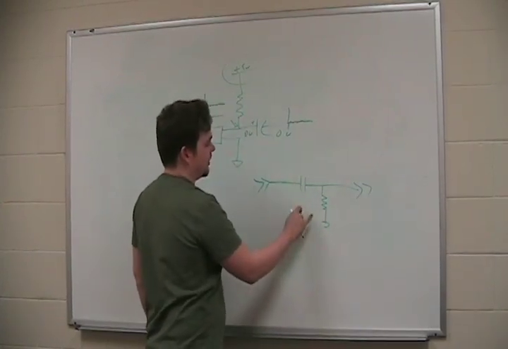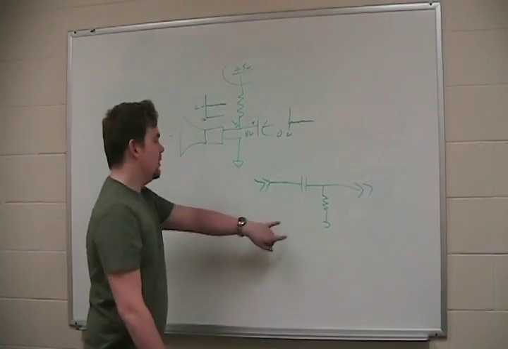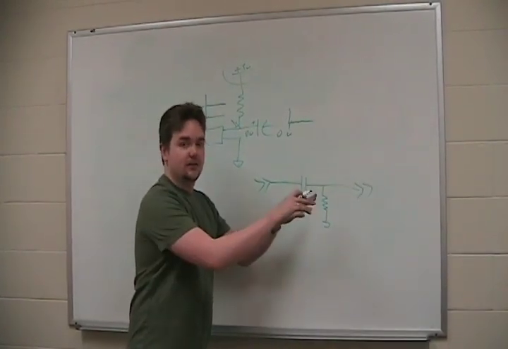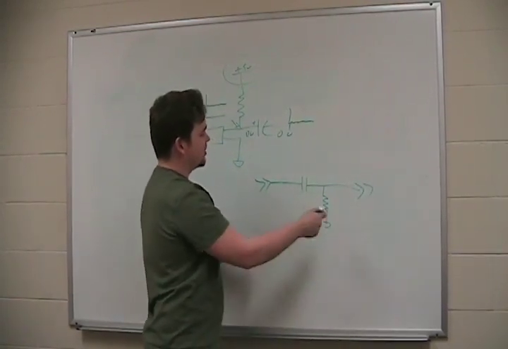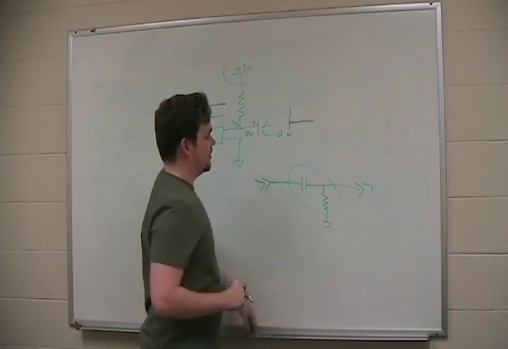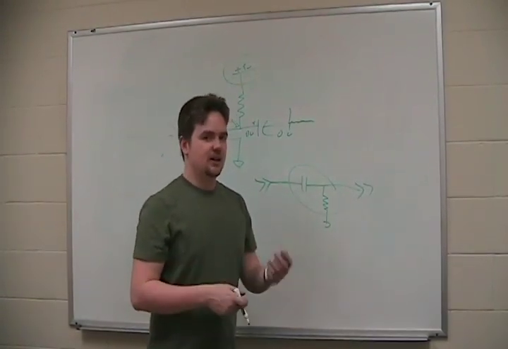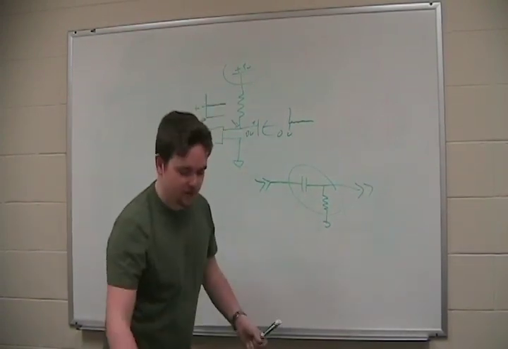Using a formula, which we're not going to get into because we're not going to touch on filters today, we can basically pass certain frequencies and block out other frequencies. Low frequencies won't pass here, but once we get to a certain calculation based on that resistor and that capacitor, we can pass certain signals. Filters will be left for another day. We're not going to worry about them, but that's another reason why we use capacitors.